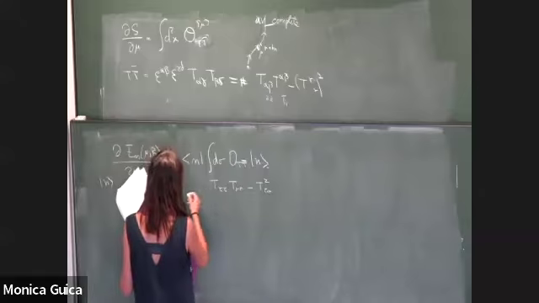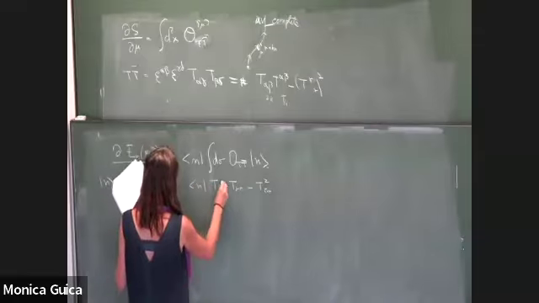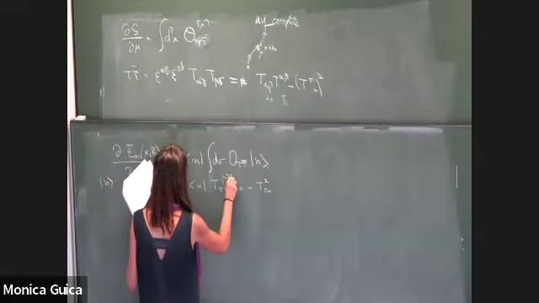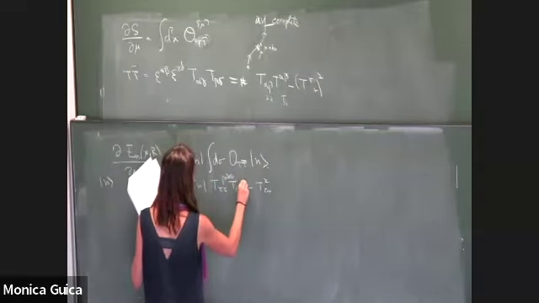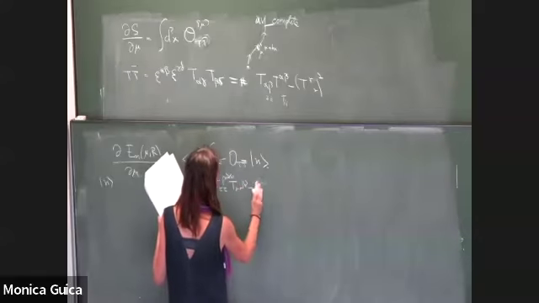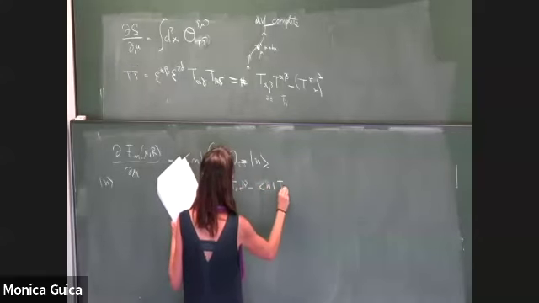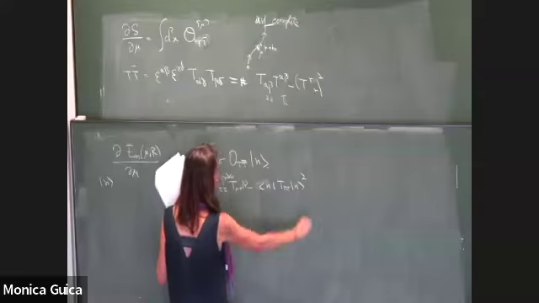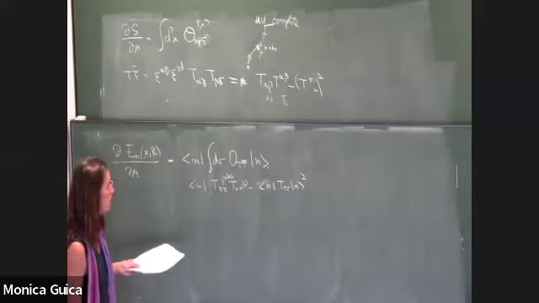Okay, and as I said, this factorizes in the energy eigenstate. So I'm going to have the expectation value of T tau tau times that of T sigma sigma, minus the expectation value of T tau sigma squared. Okay, this is using factorization.